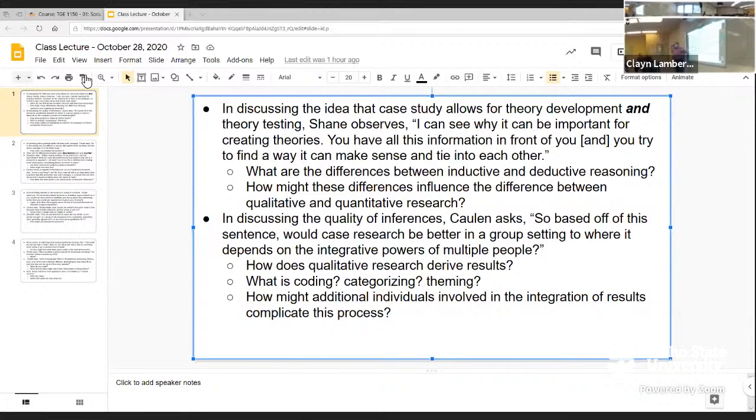Coding is simply identifying language that we find to be interesting. Okay? So I went through and I coded and I found about 1,400 statements across those 24 hours worth of interviews. I found 1,400 statements that I thought were interesting, valuable.